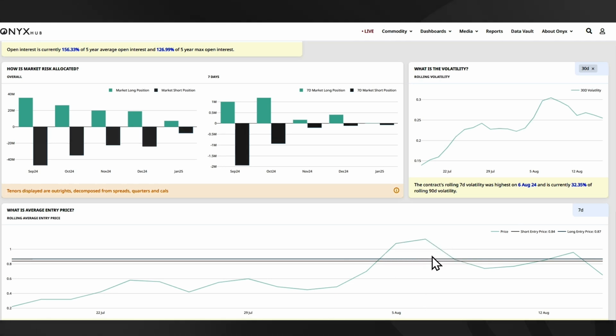Looking at the price, this is quite wide relative to where the entry prices have been. This seems to repeat until, as we can see here, the middle of August. And from the 13th of August, shorts again start being in the money.